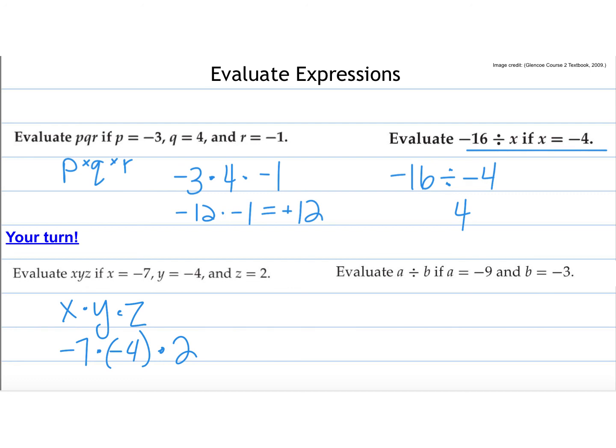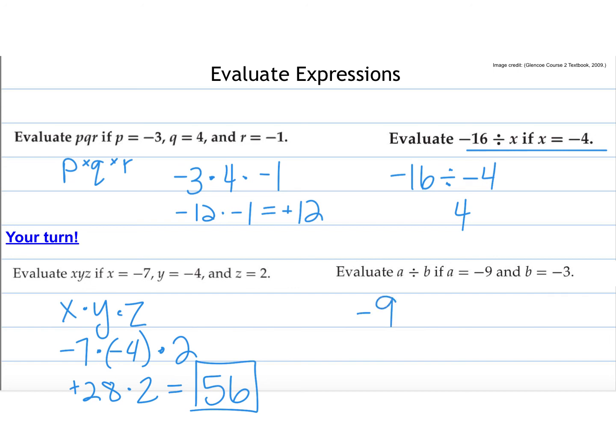Start with the first two numbers. -7 times -4, well, a negative and a negative would be a +28 times 2. Now a positive and a positive will equal a positive, and 28 times 2 is 56. +56.